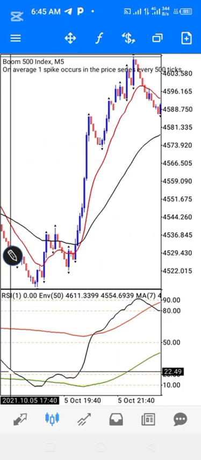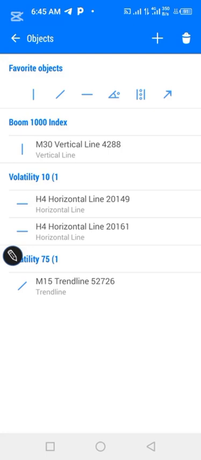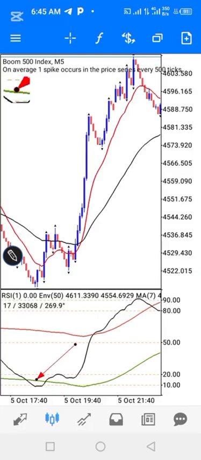Anytime this moving average on your indicator level, this black moving average, is at this, what, if you are on boom, whether boom 1000 or boom 500, you wait for it to reach this 10 level.